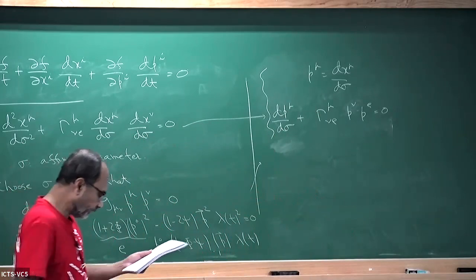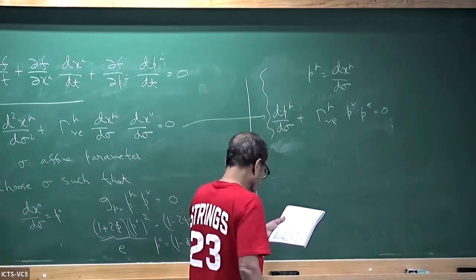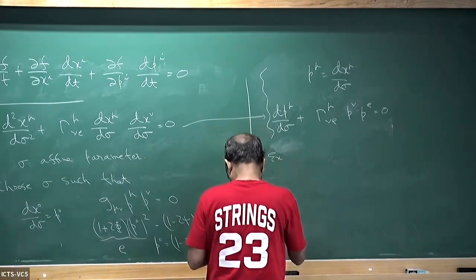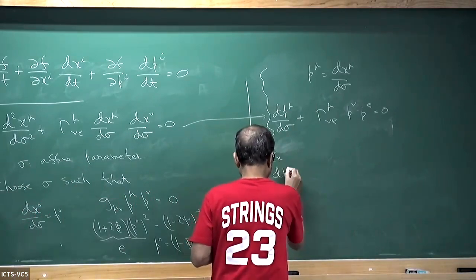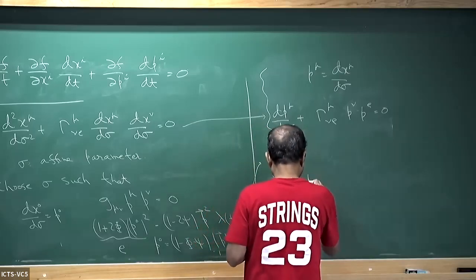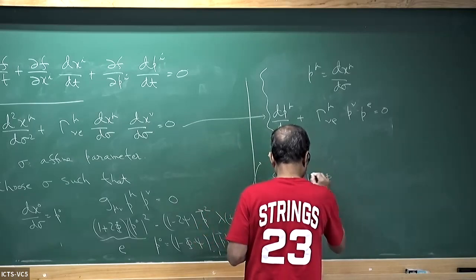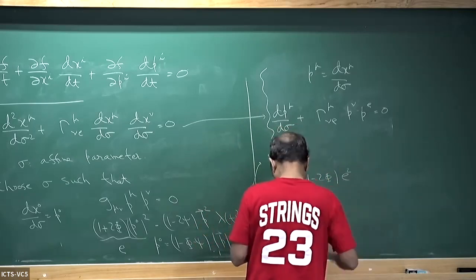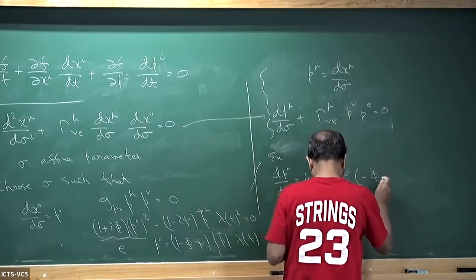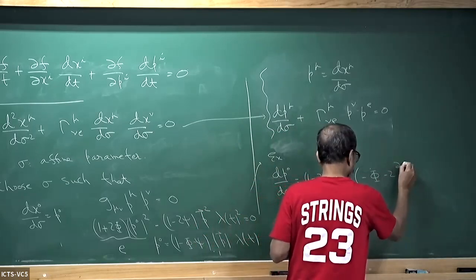So here I'm going to write down the equation for P0, which I'm not going to derive. dP0 d sigma is given by (1 minus 2 phi) E squared times minus phi dot minus 2, and so on.